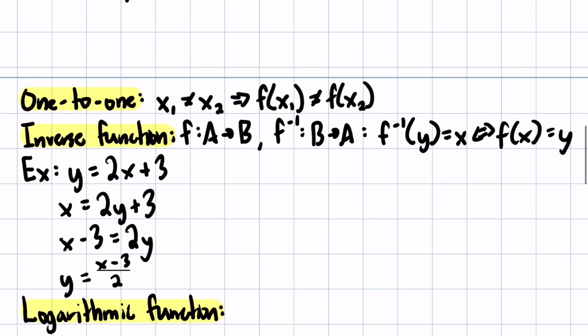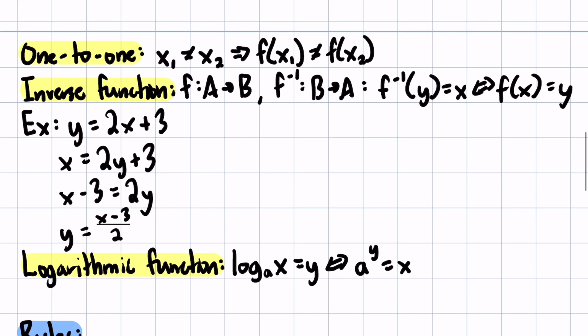So the logarithmic function is the inverse of the exponential function. So log base a of x equals y means the same thing as a to the y equals x. So for all real numbers x, log base a of a to the x equals x, right?